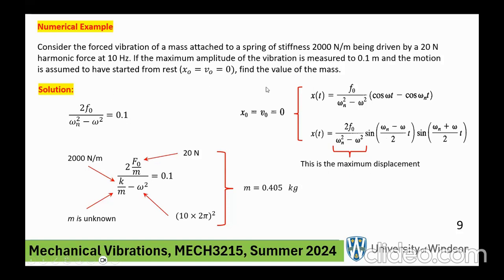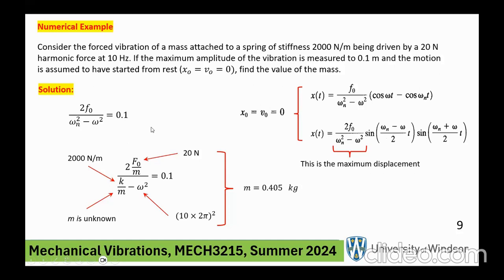The explanation is given on the right-hand side here. Initial velocity and initial position equal to 0. This is a solution. From trigonometry, these two can be combined into sine, and when you combine these, you get a factor of 2 that is put up here, and this is the maximum amplitude of vibration. That's what I put over there.